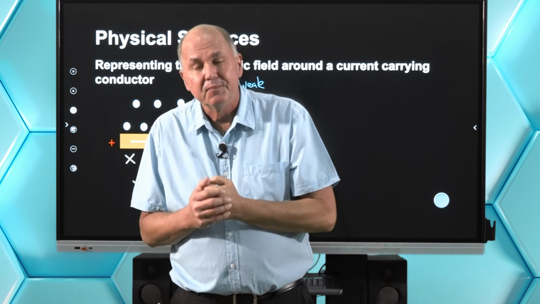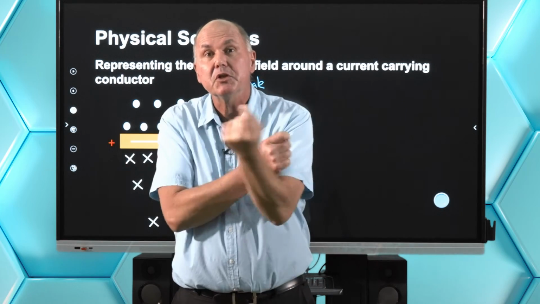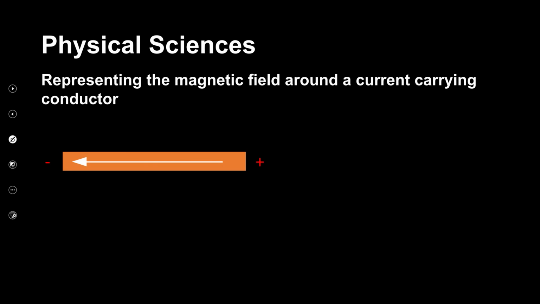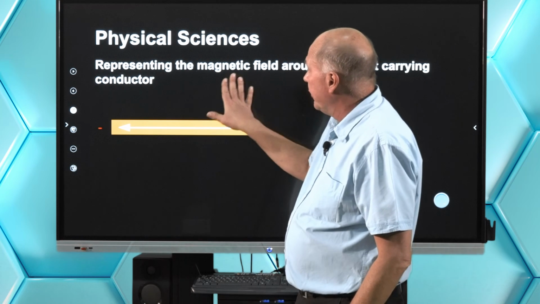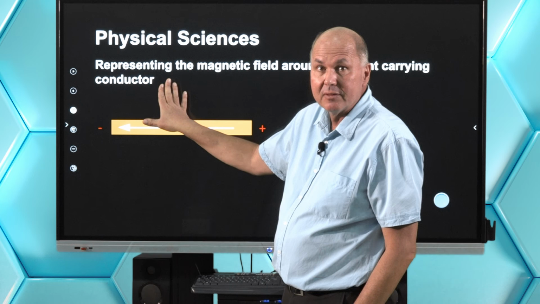The question is, what happens if we switch the terminals? If we switch the polarity of the battery? Well, here we go. Now we've got the positive end on this side, the negative end on that side. What do you think we're going to do? Well, we do exactly the same as before. But notice what happens now. We put the thumb in the direction of the current.